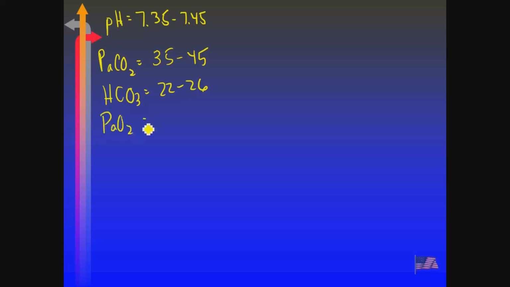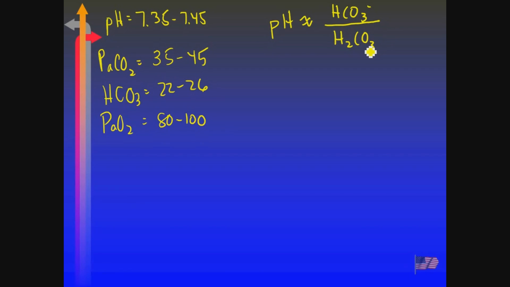Normal oxygen level, 80 to 100. pH is reflected by this ratio between these two.